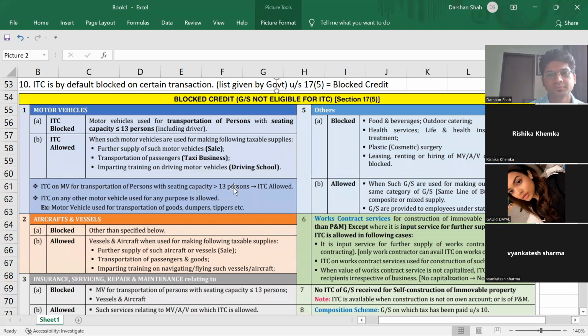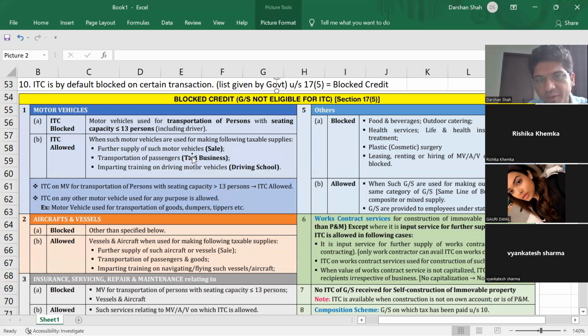Okay. Next. So now see, transportation of passengers. If it is a taxi business, then it is allowed. If it is a driving school, then motor vehicles are allowed. And if you are actually selling motor vehicles itself, your business is to sell motor vehicles, then all motor vehicles are allowed.